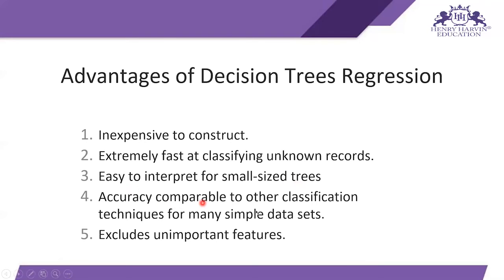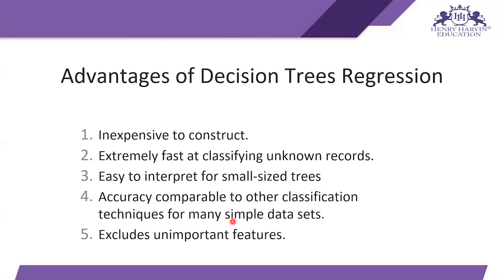If we have a small sized tree, then it is easy to interpret. Accuracy is comparable to other classification techniques for many simple datasets. By comparing with other classification algorithms, we get much more accuracy for simple datasets.